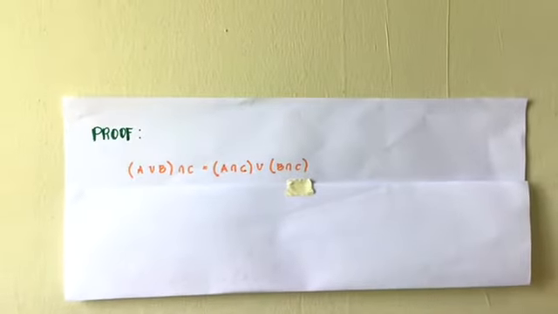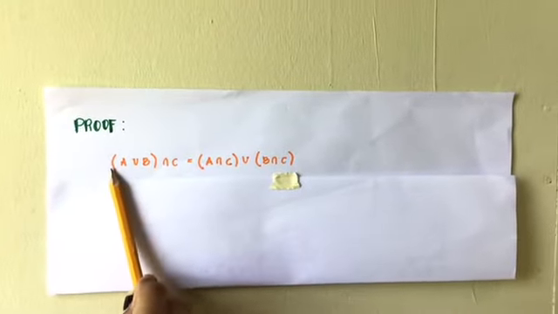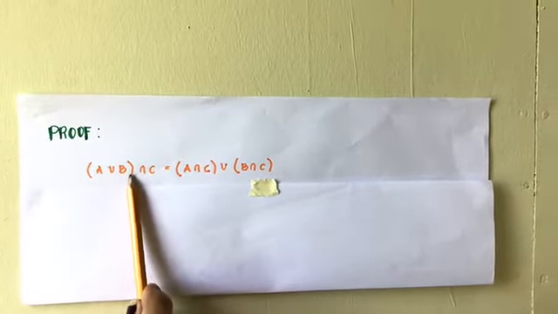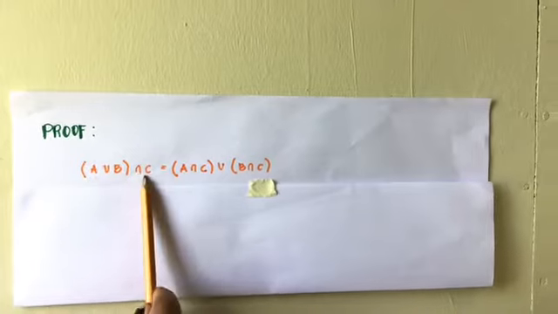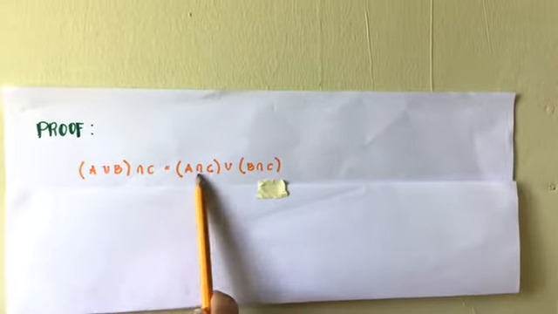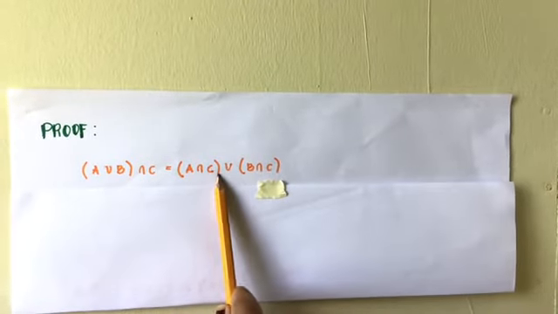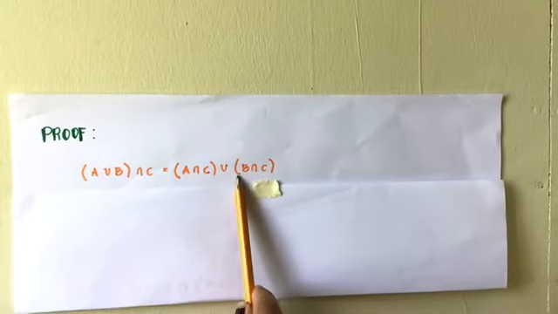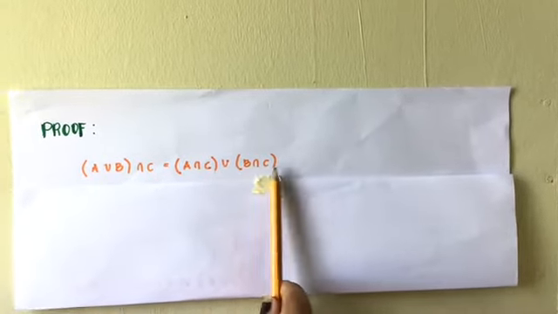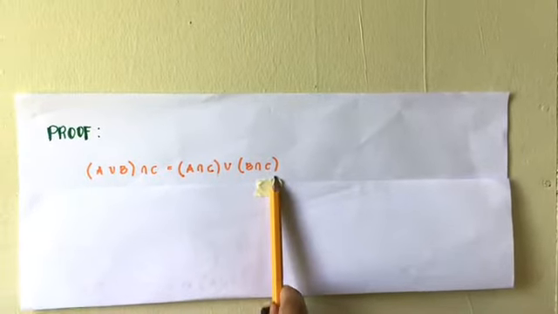So given the example, open parenthesis A union B close parenthesis intersection C is equal to open parenthesis A intersection C close parenthesis union open parenthesis B intersection C close parenthesis.